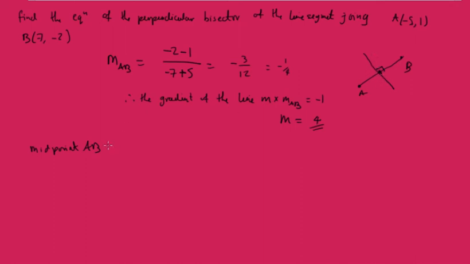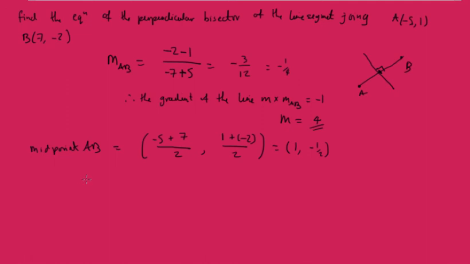So if we find the midpoint, we've got a coordinate that we can then use to find the equation. So using our midpoint equation, we'll get -5 plus 7 over 2 for the x coordinate, then 1 plus -2 over 2 for the y coordinate, and that gives us the coordinates 1, -1/2.